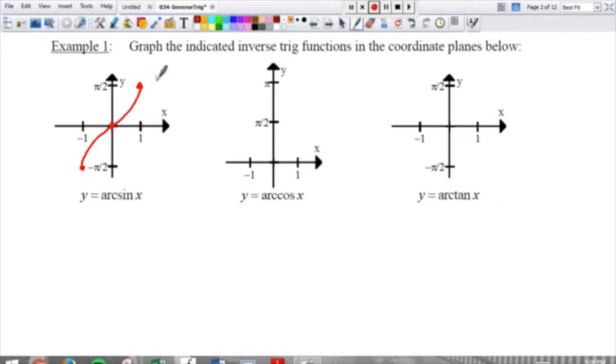Arc cosine. Cosine of 0 is 1. Cosine of pi over 2 is 0. Cosine of pi is negative 1. That looks off.